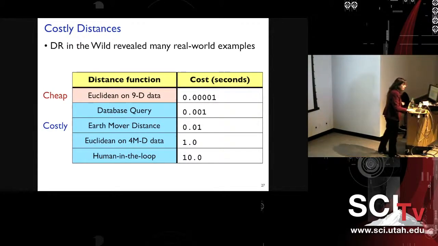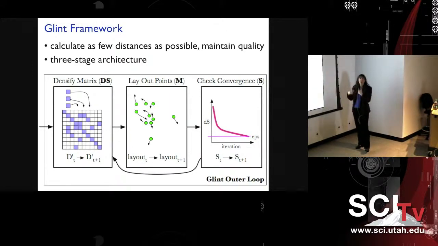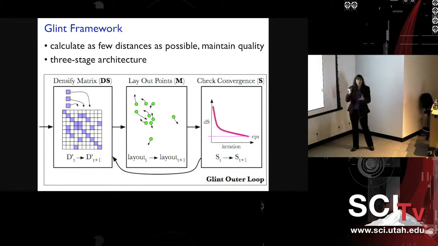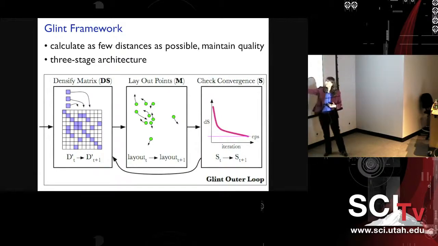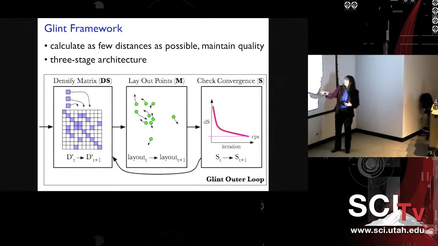So the question was, could we automatically figure out how many distances we need, calculate as few of them as possible, and still roughly maintain the quality of these other approaches? What we're proposing in Glint is in some ways a simple idea, and all the devils are in the details: start out with a very, very sparse matrix, and then lay out the points according to this much sparser distance matrix, figuring out if we've actually converged, and doing this in a loop where we're gradually densifying the matrix.